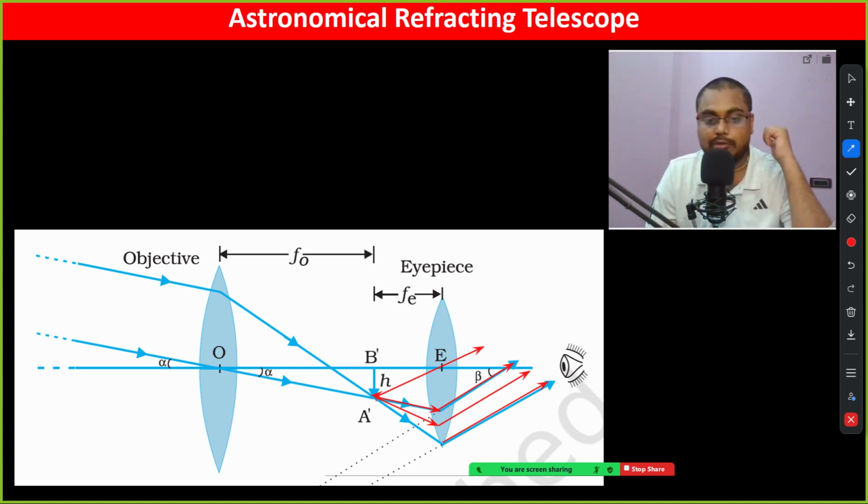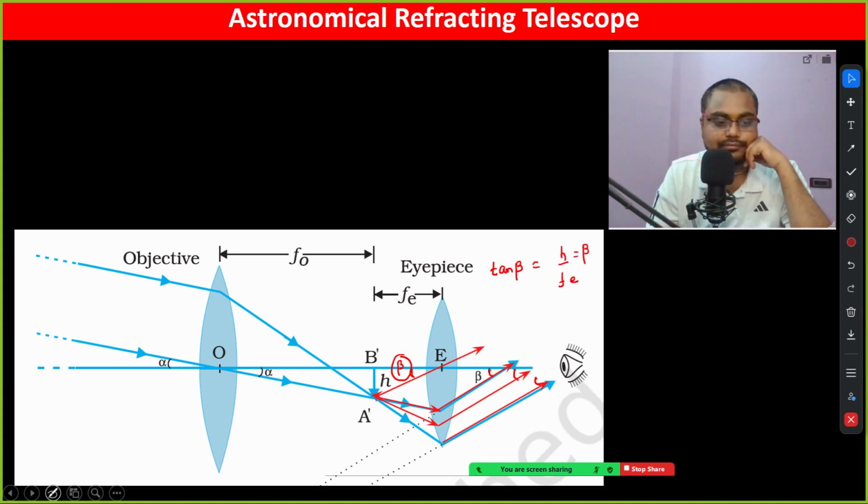We extrapolate it backwards. Since these rays are parallel, this is beta, this is beta, this is beta, all the angles are going to be beta. So tan beta, you can see very clearly, is h by Fe, which we take as beta.